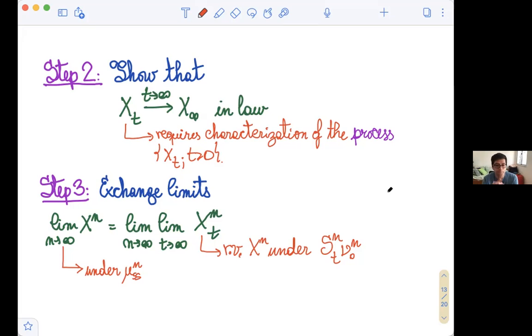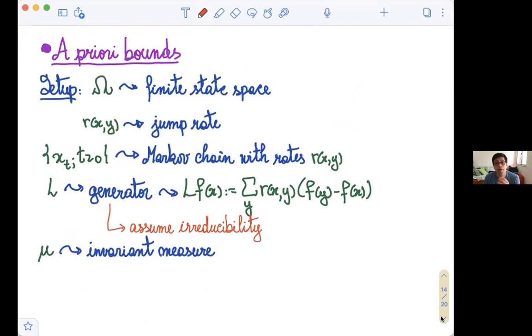And so when you want to exchange limits, independently of what you're exactly doing, a very good idea is to have a priori bounds. Whenever you want to exchange limits, this is basically the way to go. What is an a priori bound? It's a bound.